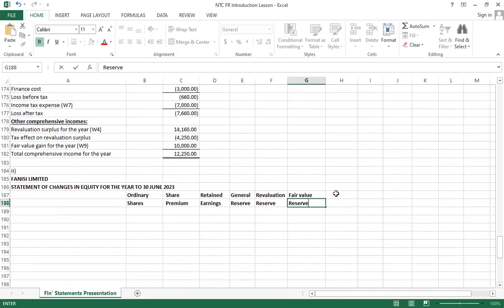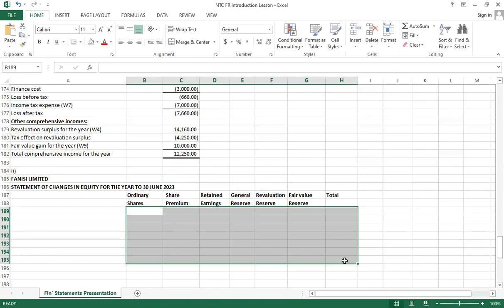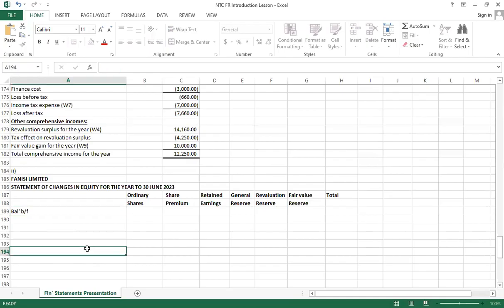And assuming that this is all, we will have the last column as the total column. Now, in a statement of changes in equity, we had agreed that you begin with the balance brought forward.